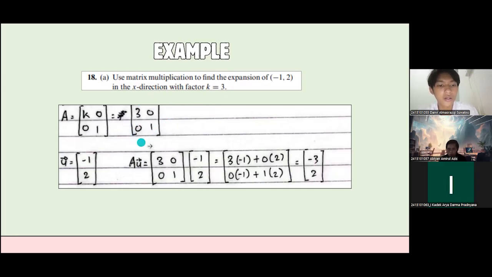After that, we multiply the matrix A with the vector u that already exists in the question. After we get the result of the multiplication, we will get the expansion of coordinate -1, 2 in the x direction with k equal to 3.